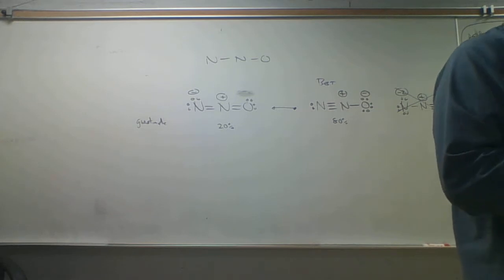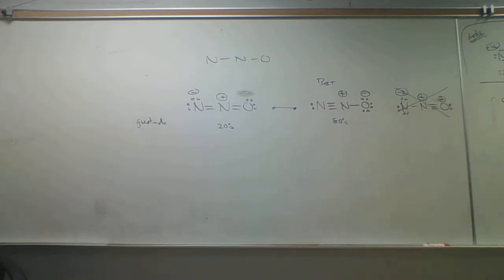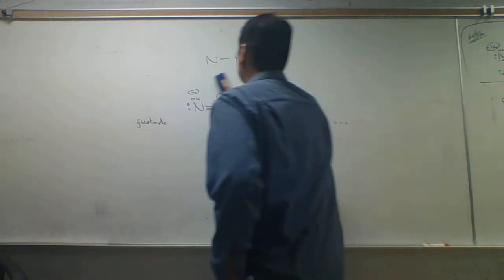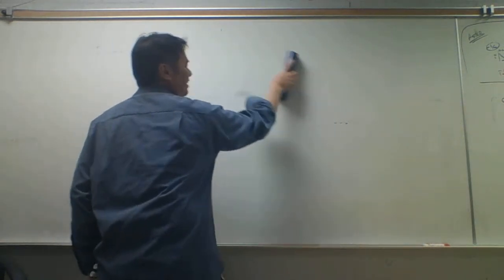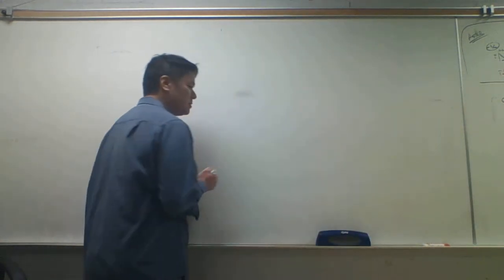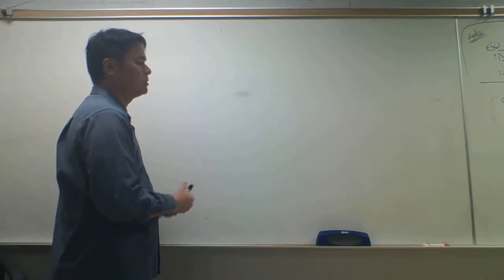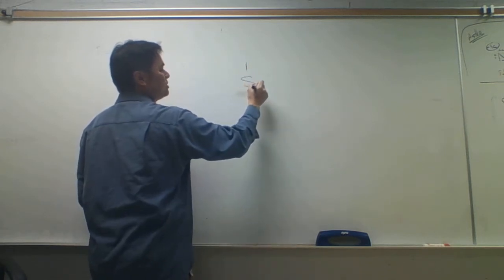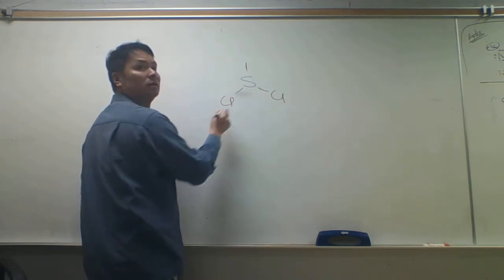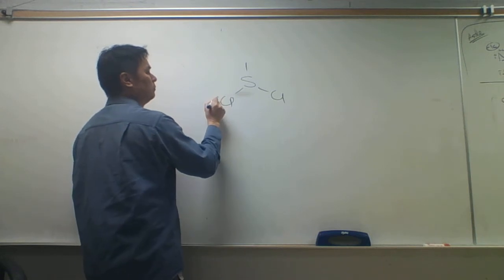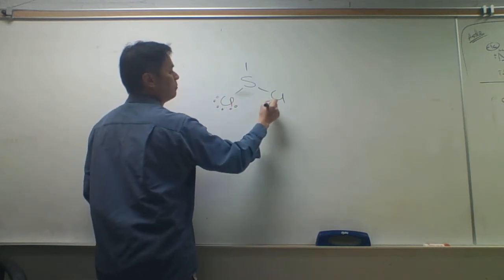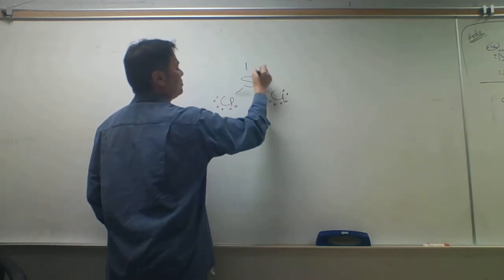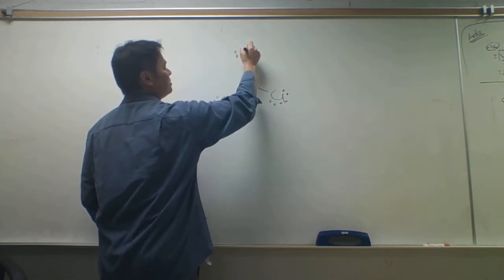Okay. Now, there are other things that pop up. One of the things that happens is that sometimes you get a structure in which you can expand the octet. So for example, SOCl2, is that one of the structures that we have? And so oftentimes we try to do something that looks symmetric.